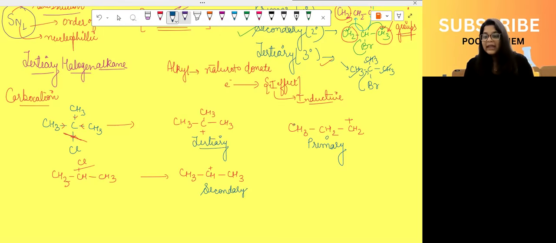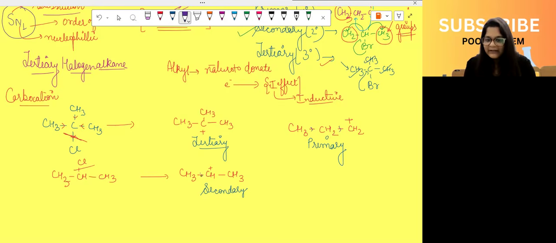Correct. Now, in the case of primary carbocation, what is happening? You have an alkyl group with electron donating nature, so you are able to donate electrons. So you can say that this positive charge is getting neutralized by just one end, a slight electron density from one end.